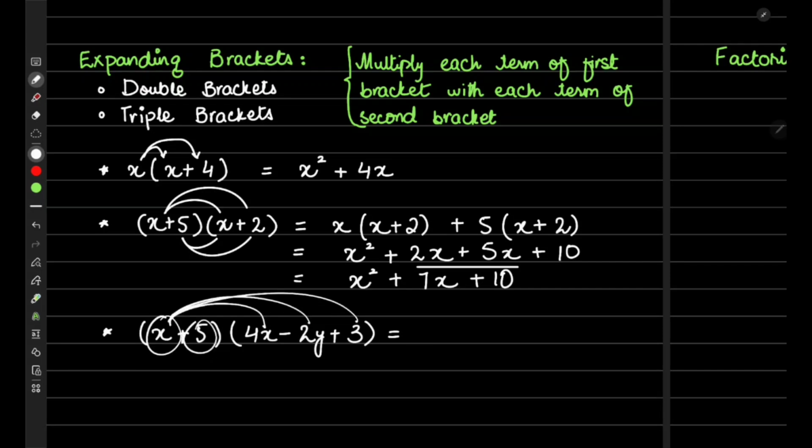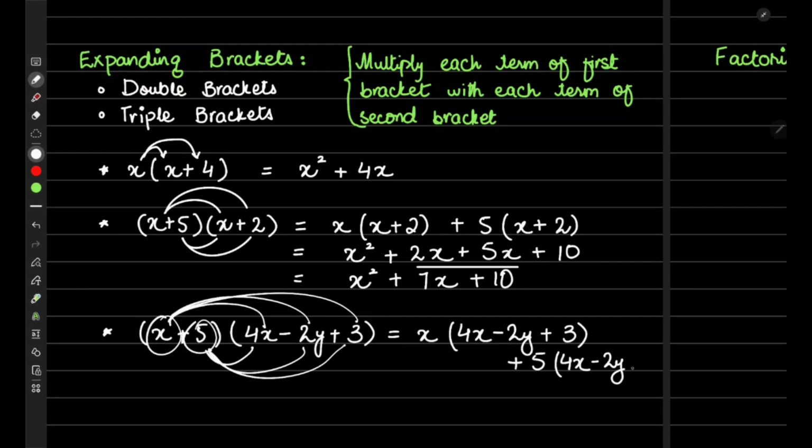Then we will take the second term, 5, and multiply it with each term of the second bracket. So it comes out to be x times (4x minus 2y plus 3) plus 5 times (4x minus 2y plus 3).